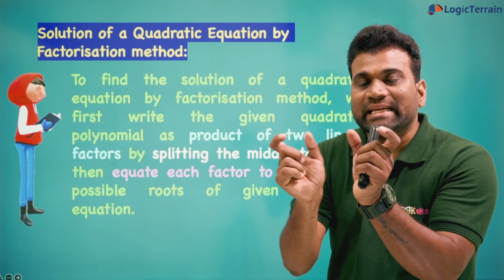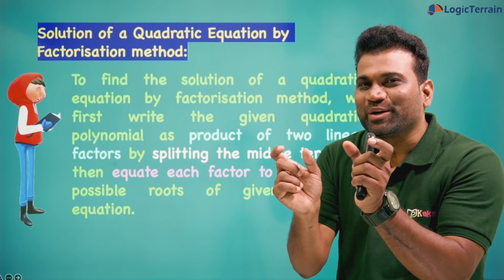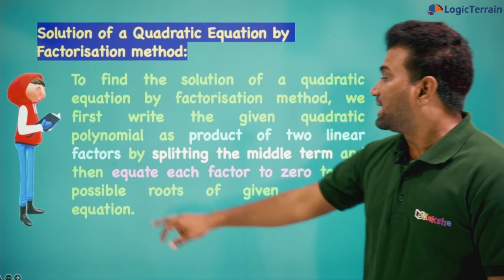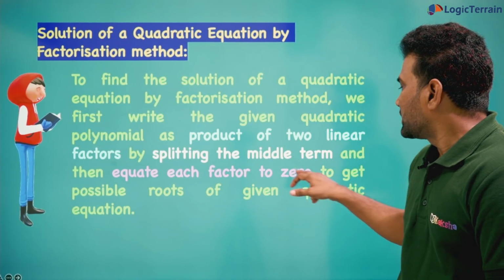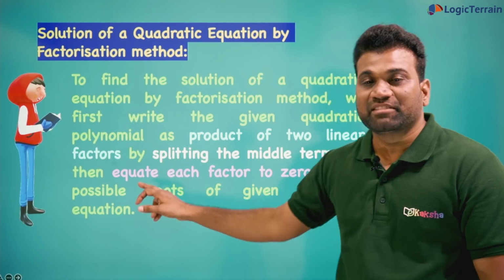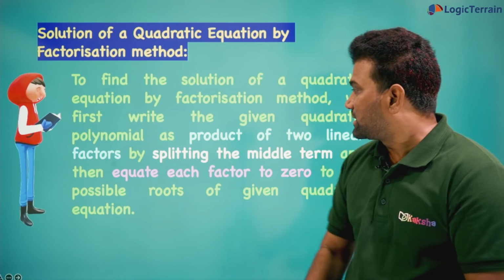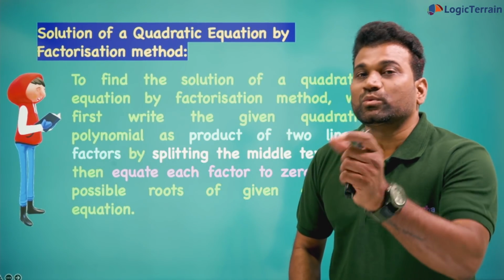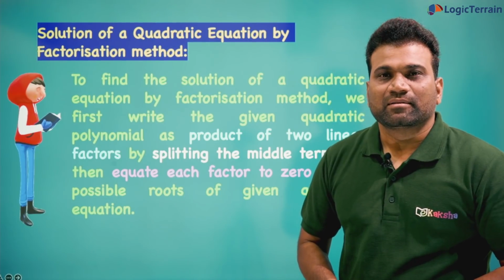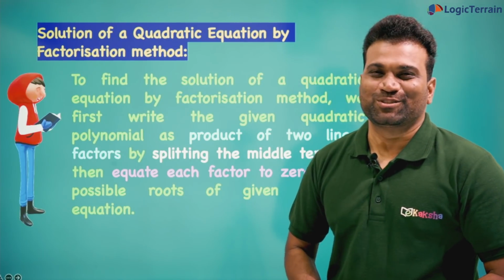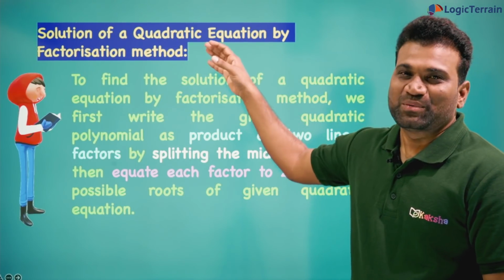Product of 2 linear simple polynomials, by splitting the middle term, and then equate each factor to 0 to get possible roots of the given quadratic equation. So once we get the product of 2 linear factors, each factor we equate to 0. Then we get roots or solutions of the quadratic polynomial.